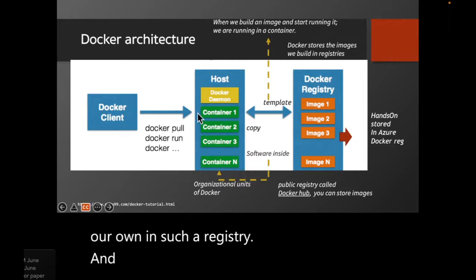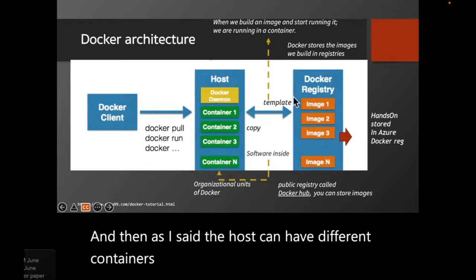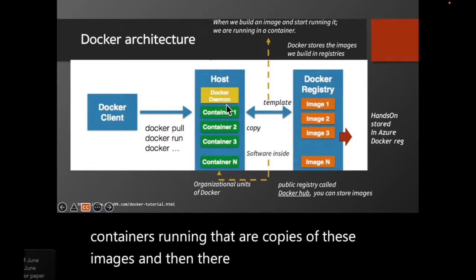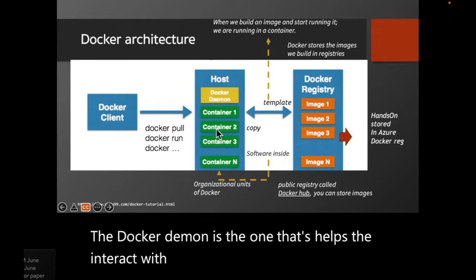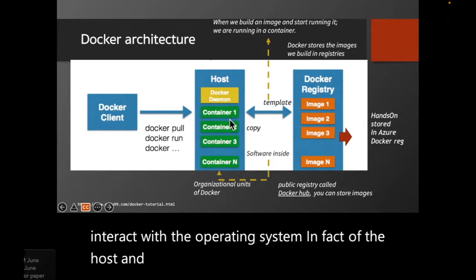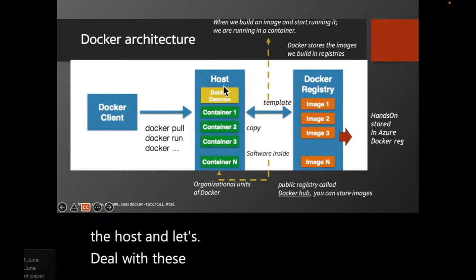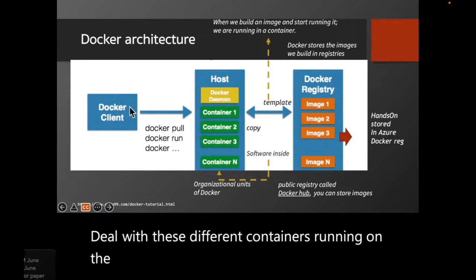And then, as I said, the host can have different containers running that are copies of these images. And then there is the Docker daemon. The Docker daemon is the one that helps interact with the operating system of the host, and lets you deal with these different containers running on the host. And then you have, of course, the Docker client.